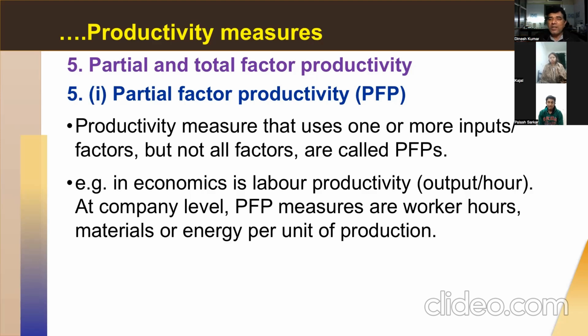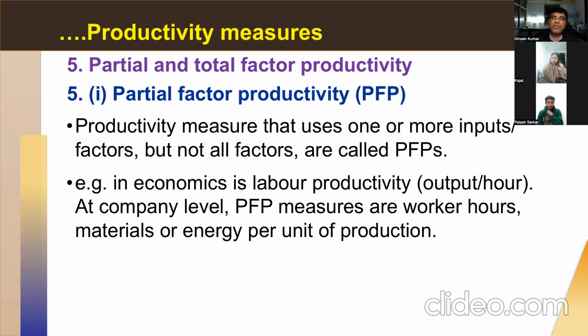But some people have now developed the technique to calculate partial factor productivity of NPK together, nitrogen, phosphorus, potash together, or nitrogen and phosphorus together. That is possible because their units are similar and their properties are also similar.